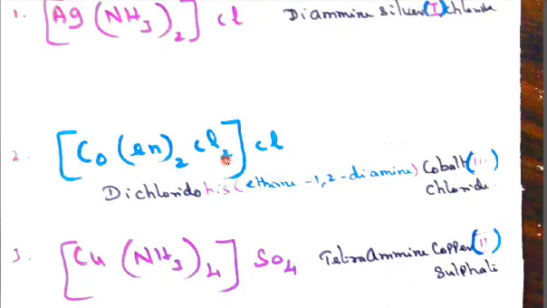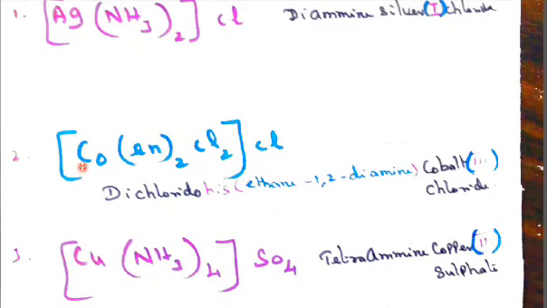First the number, 2 times, so dichlorido. Then for bidentate and polydentate ligands, 2 times is called bis and 3 times is called tris. It is 2 times, so bis. Then the IUPAC name of ethylene diamine is ethane-1,2-diamine, enclosed in brackets because these are parental carbons.